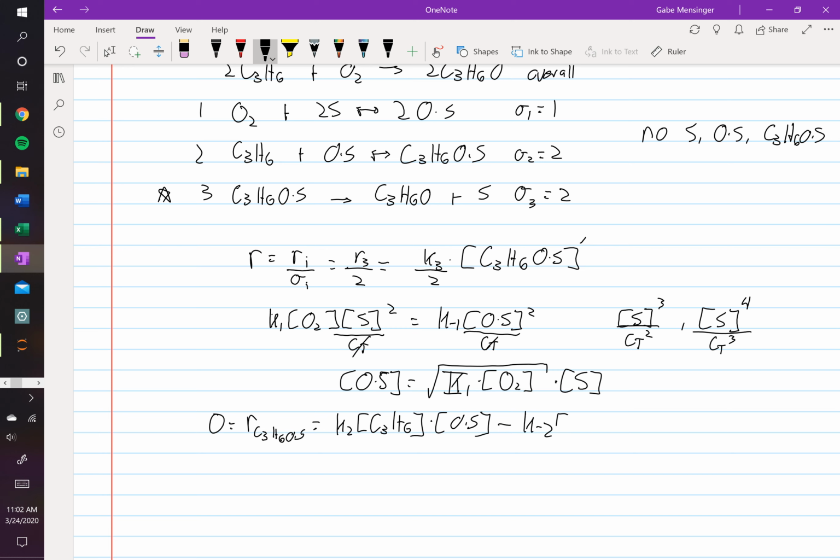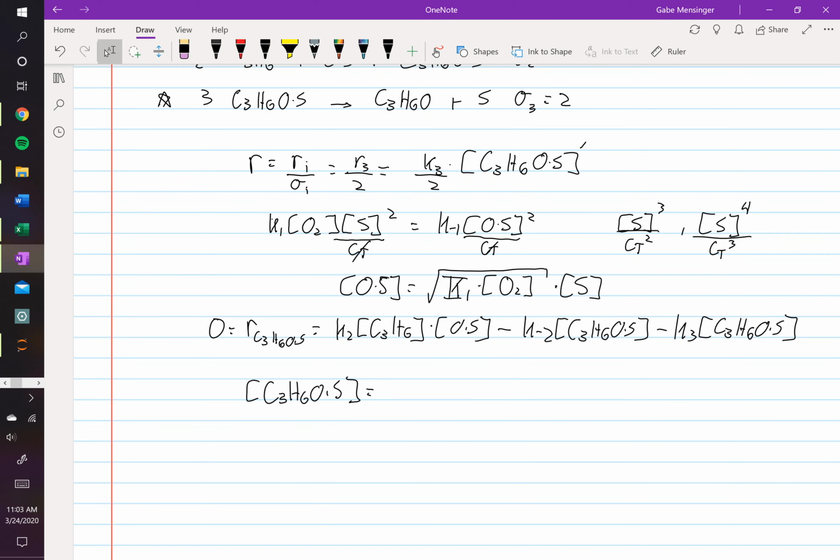It's consumed in the reverse step, and it is consumed in step 3, not necessarily reaction 3. Solving for it, we're going to end up with K2 times C3H6 times O.S over K minus 2 plus K3. It's not K2, it's K minus 2.